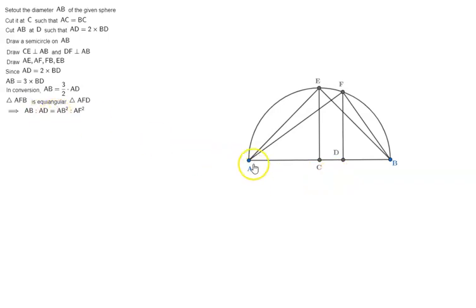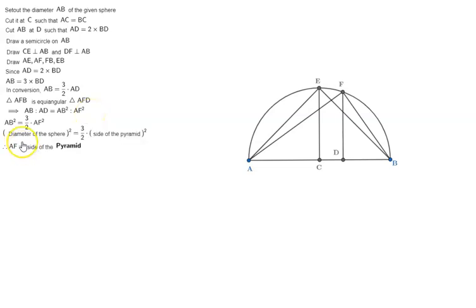Triangle AFB is equiangular with triangle AFD. Which means AB is to AD as AB square is to AF square. Now, since AB is 1.5 times AD, that means AB square is also 1.5 times AF square.